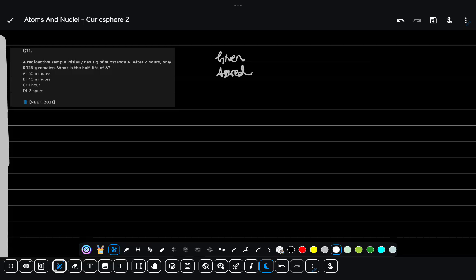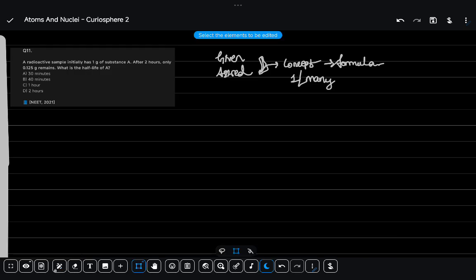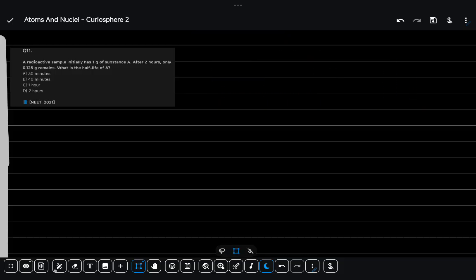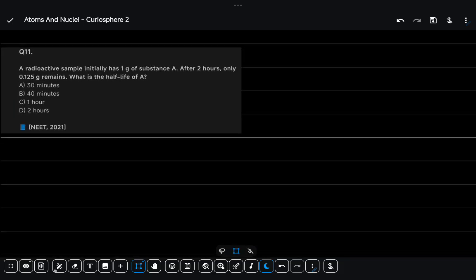If you find these both, these are the endpoints, you can find the connecting concept and hence the formula which is required to solve the question, right? In some cases there can be one concept, in many places there can be many concepts, especially in advanced level and Olympiad level questions. In such cases you have to connect between the concepts. Okay, without any delay we will go through the questions.